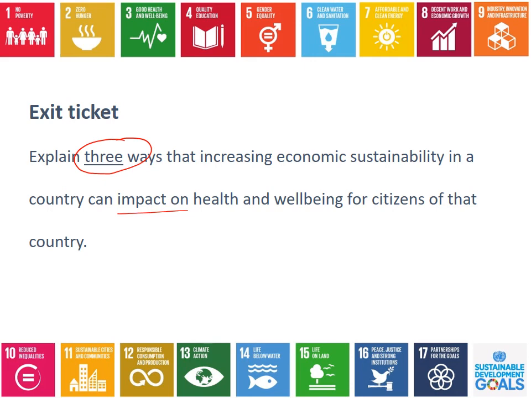In the study design, it specifies that you can relate sustainability to health and well-being. So here, remember, you want to be looking at your dimensions. I want 3 different ways, so let's try and find 3 different dimensions. How does having economic sustainability improve 3 dimensions of health and well-being for that country's citizens?